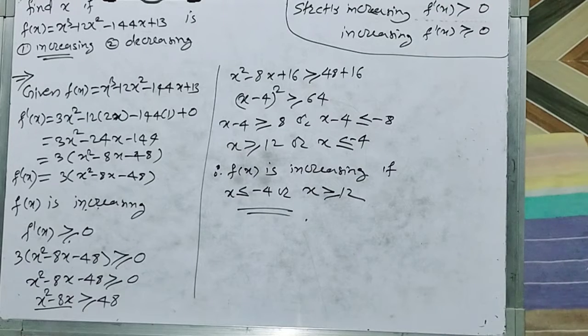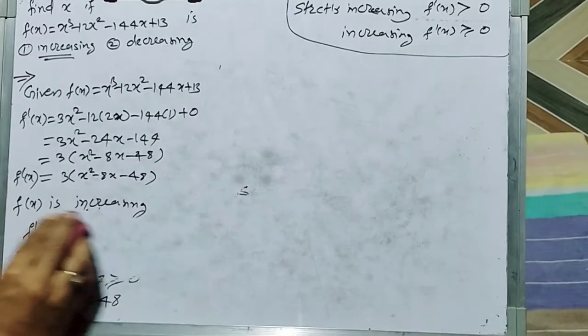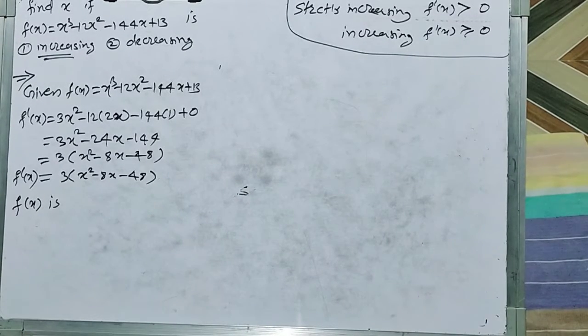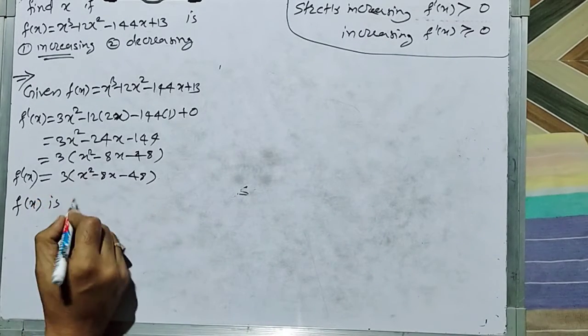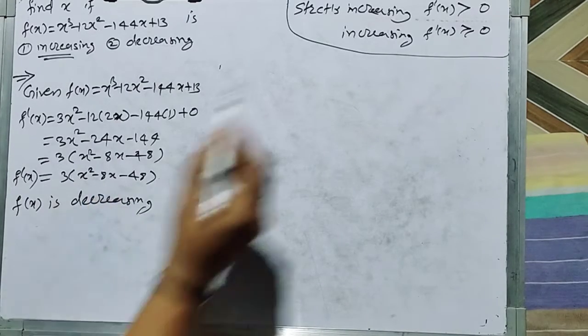Now secondly, for decreasing, again here f of x is decreasing. So again decreasing means what?